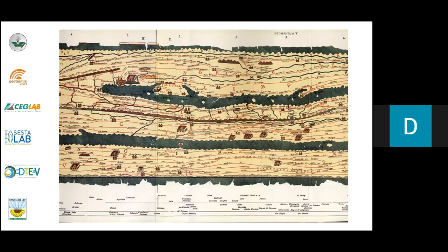As you can see here, there are some ancient documents. This is a sort of Google Maps of the Roman Empire, the Tabula Peutingeriana, more precisely from the beginning of the Middle Ages. And here the Larderello area is mentioned with thermal springs.